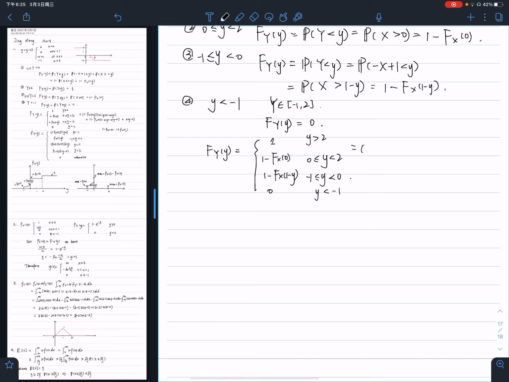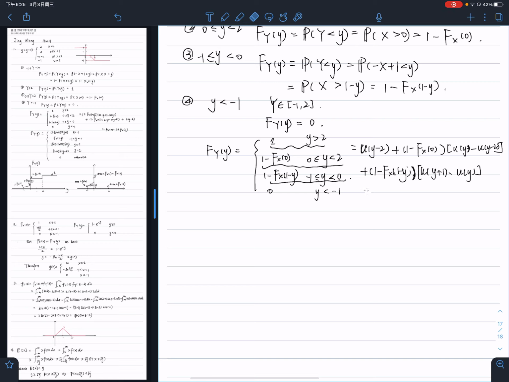It should be: (1 minus F_X(0)) u(y minus 2)... rather, this part is u(y minus 2), plus (1 minus F_X(0)) times [u(y) minus u(y minus 2)], and this is this part, plus (1 minus F_X(1 minus y)) times [u(y plus 1) minus u(y)], and this is the third part.